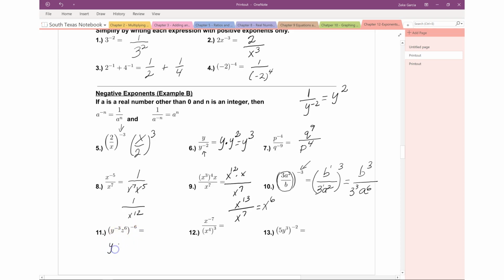So we have y to the positive 18th, because a negative times a negative is positive. And then we have z raised to the negative 36th power. So y to the 18th will be divided by z to the 36th. Since it was a negative, that will have to go to the denominator.